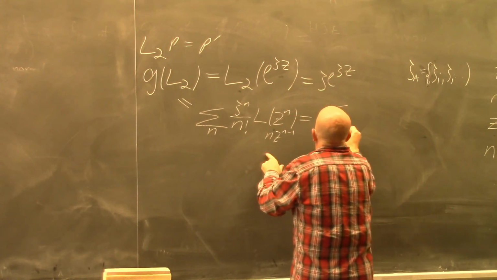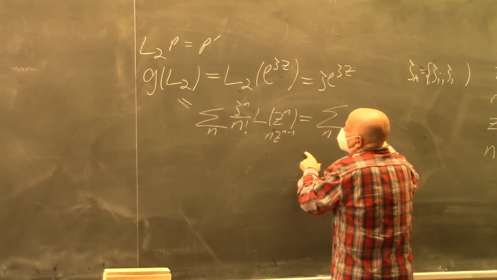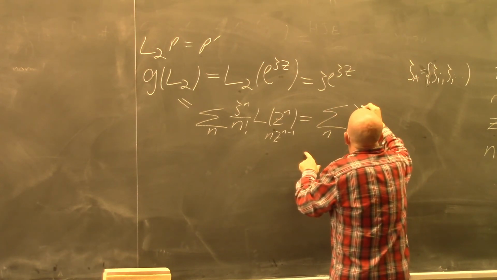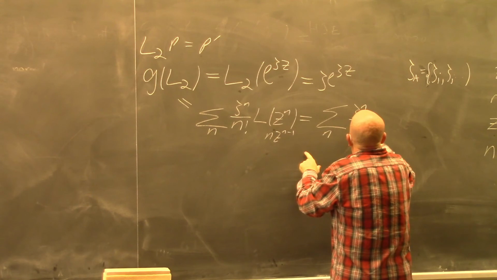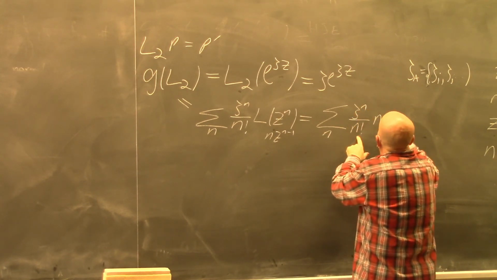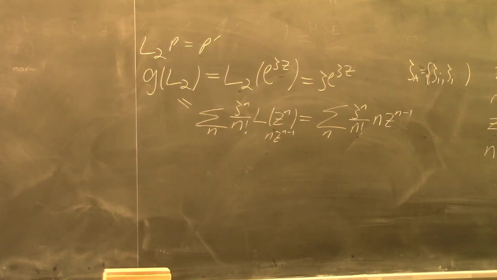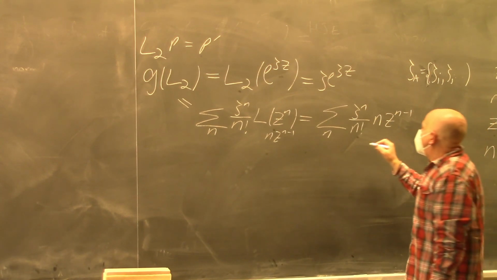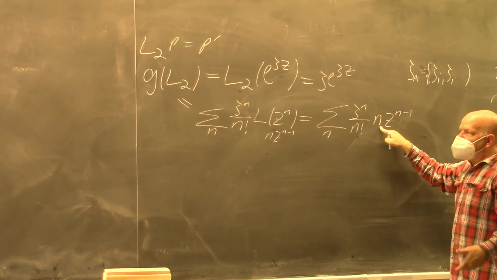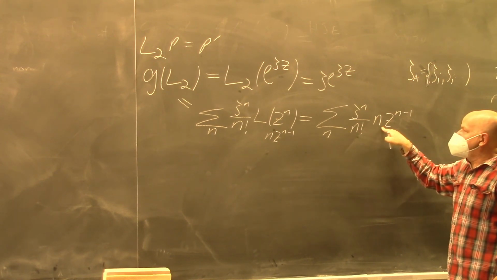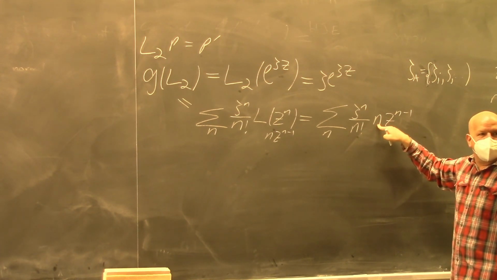So this is the sum over n of zeta to the n divided by n factorial, n z to the n minus 1. This summation starts at n equals 0, but at n equals 0 you get 0 because of this n.